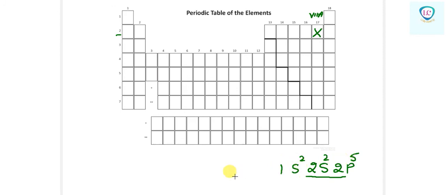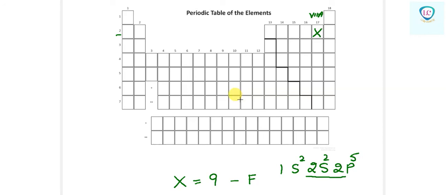The atomic number of the given element X will be 9 because it has 9 electrons, and it represents fluorine because fluorine has atomic number 9. In this way we can easily predict the electronic configuration, as well as find which element is represented by X.